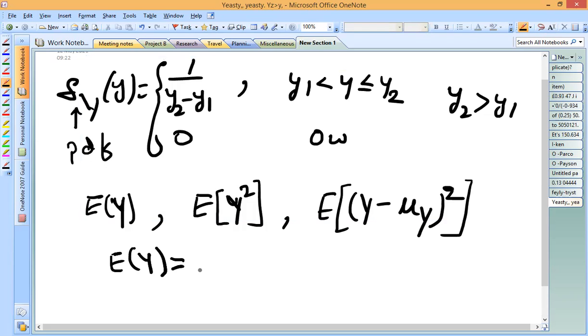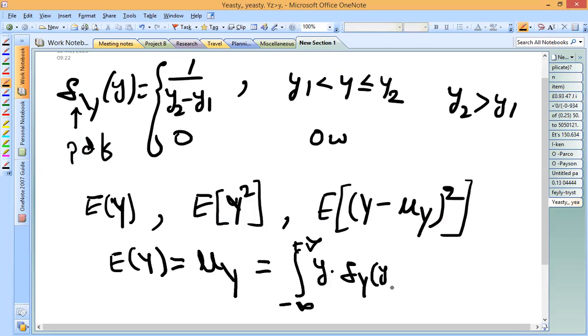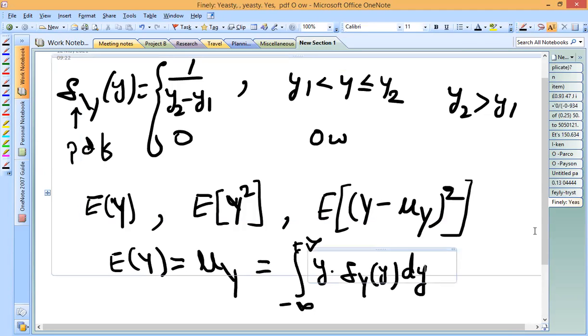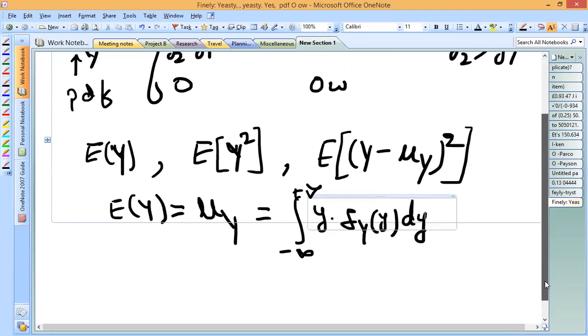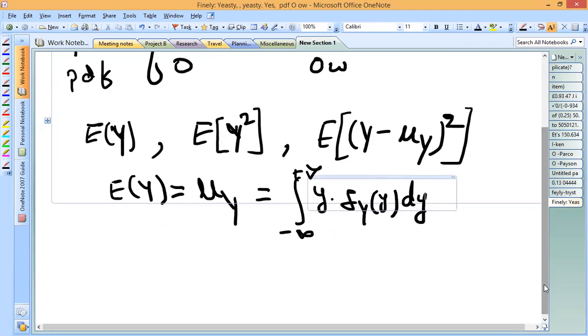Expectation of Y is nothing but the mean, represented as mu y, which is obtained using the equation integral from minus infinity to plus infinity of y into fy of y, integrated with respect to dy. Since it is given as a uniform random variable, we are solving the problem on the continuous random variable, so for that reason we have written the integral equation.